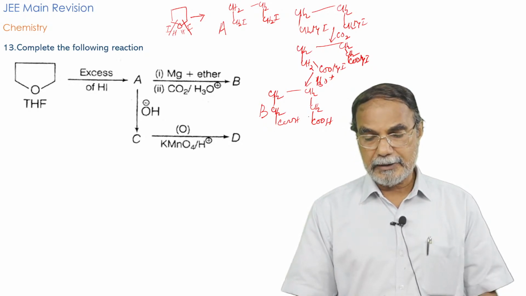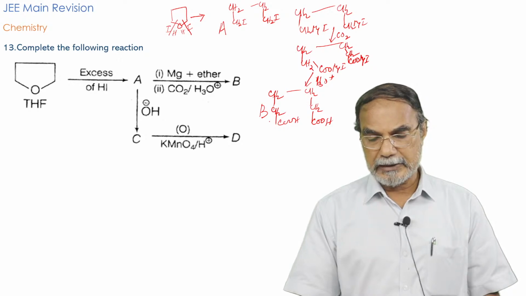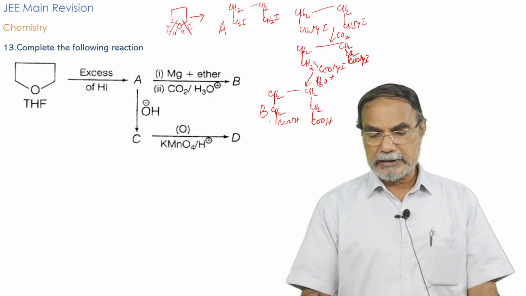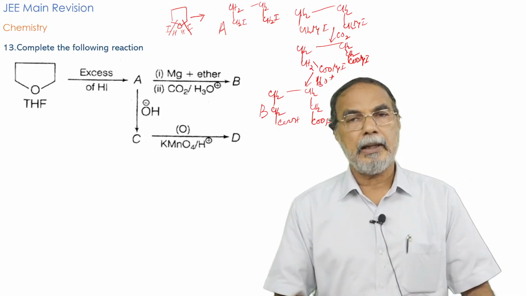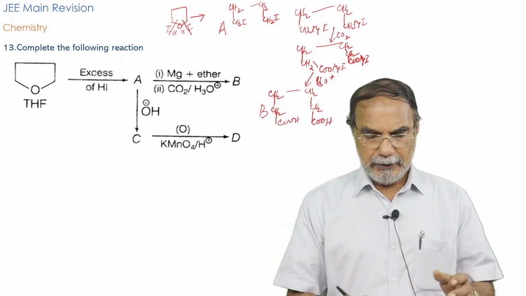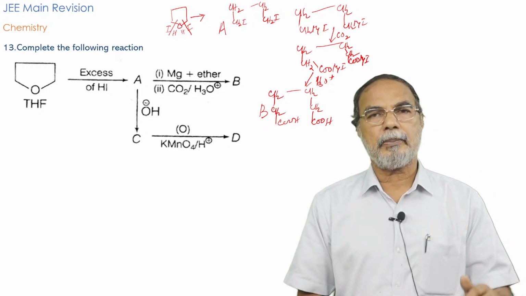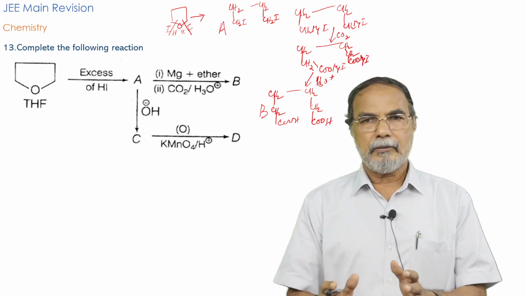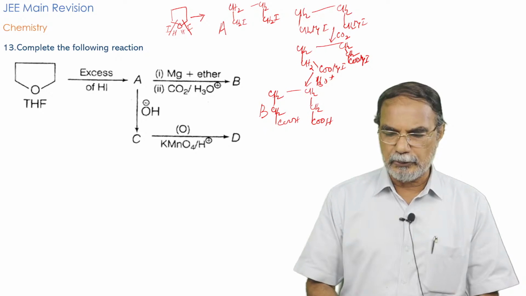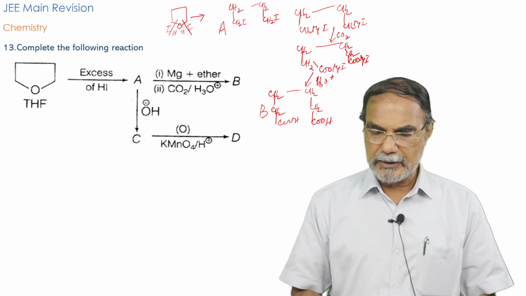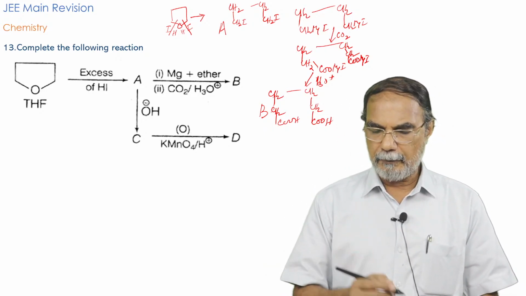You know what it is? 1, 2, 3, 4, 5, 6. It is hexane 1,6-dioic acid, what is called the adipic acid. Anyway, the name is not important here. What is asked is the structures of the compounds. But however, it is good when you study the name of the compound too. The name of the compound is adipic acid. So this is the compound B.